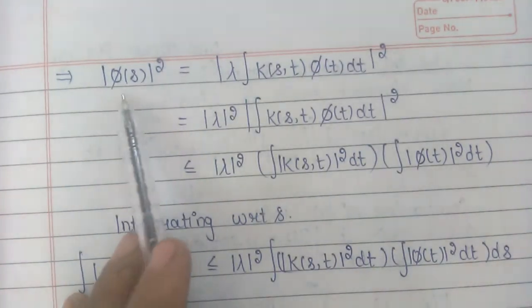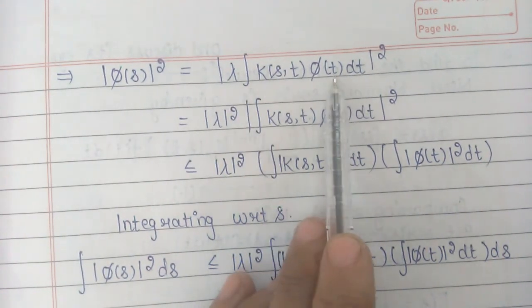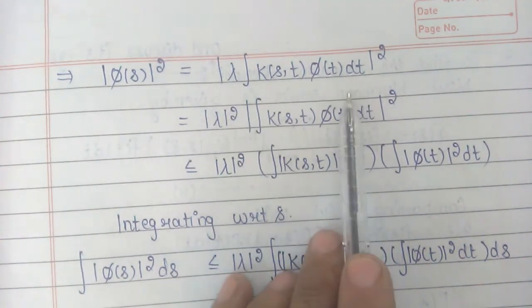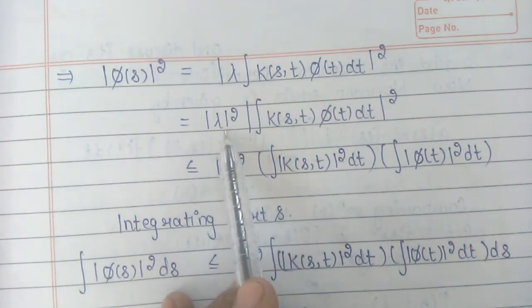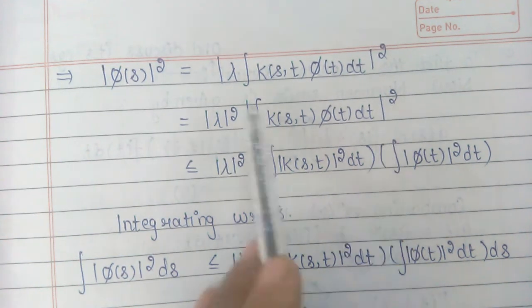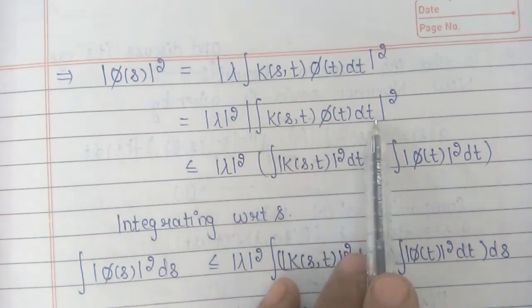Now taking mod on both sides and then squaring, we get |lambda integral k(s,t) phi(t) dt| whole square. Now this is equal to |lambda| square into the square of |integral k(s,t) phi(t) dt|.